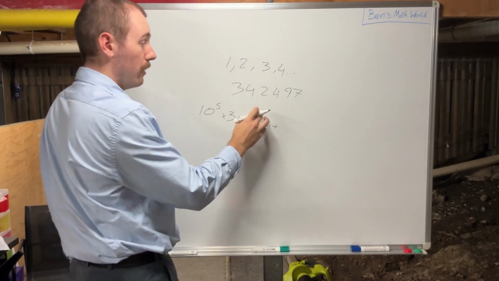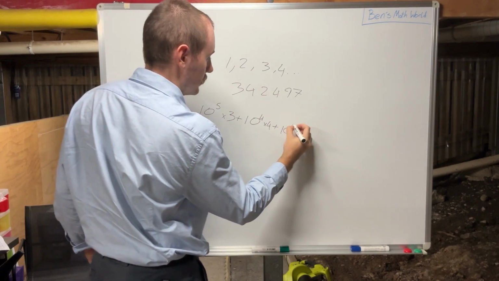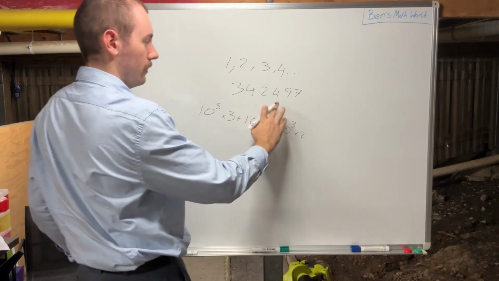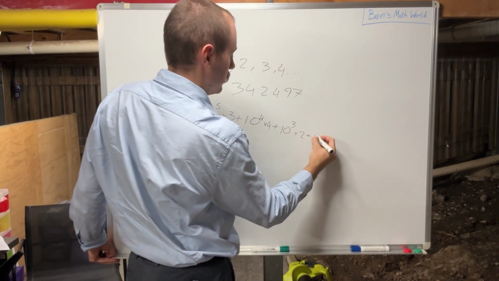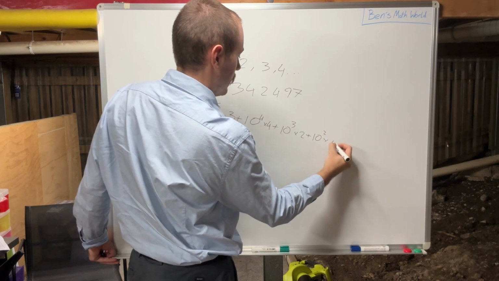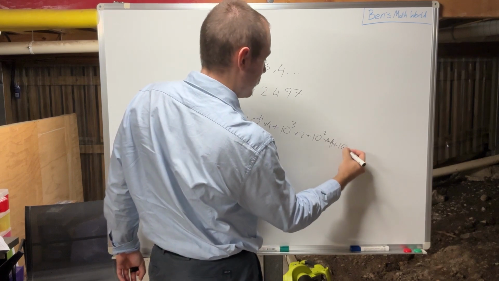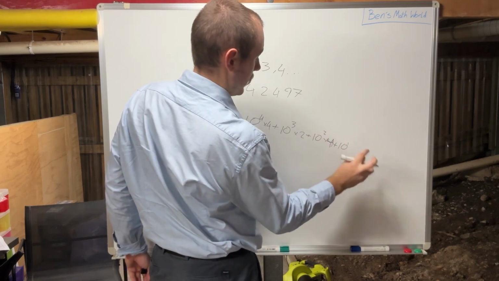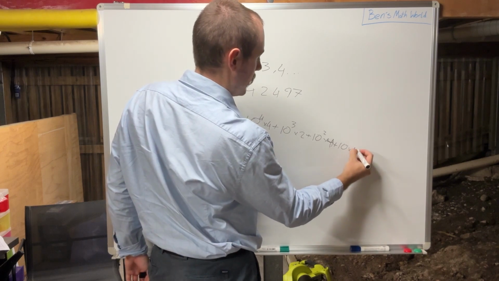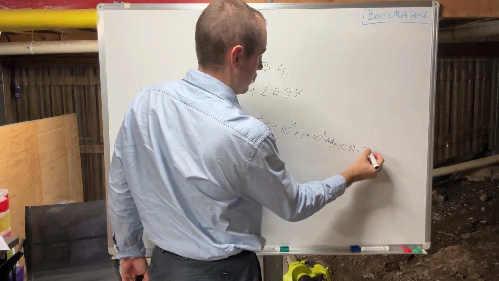Now we'll move on to this 2, and that has 3 digits after it, so we're going to do 10 to the power of 3 times 2, and for the 4, 2 digits after it, so 10 to the power of 2 times 4. Now we're going to do the 9, and we're going to do just 10, because there's an invisible power of 1 here, but we're going to leave that out, times 9, and then the 7, it's just a 7, so we're going to do plus 7.